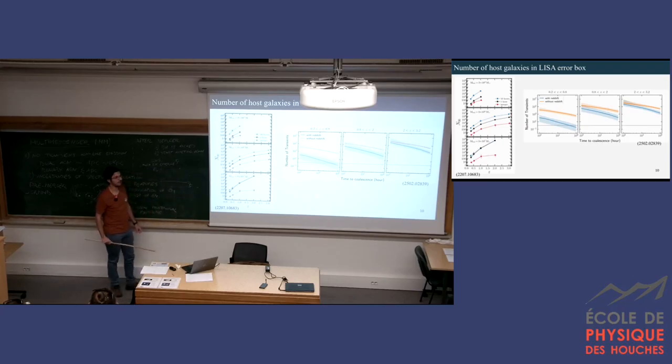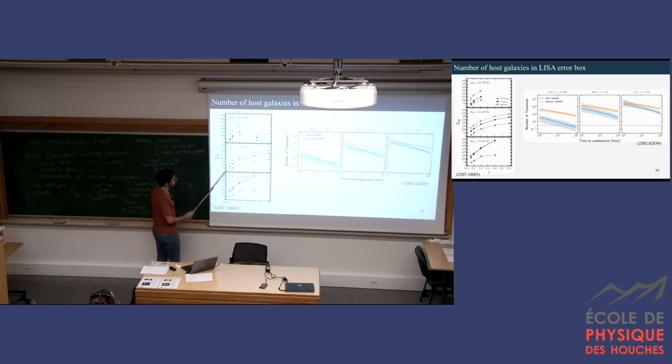As you can see, the typical sky localization of LISA will not contain just the galaxy hosting the massive black hole binary merger. It will contain many more others. For example, let's look at the merger case for simplicity. At merger, at redshift 1, you still have 100 galaxies on average.